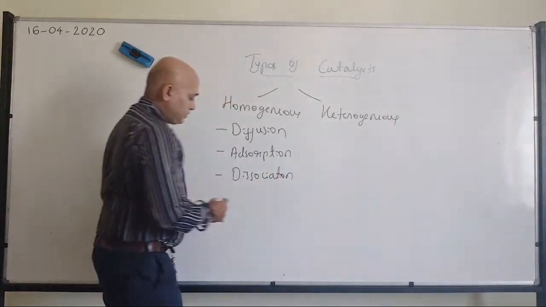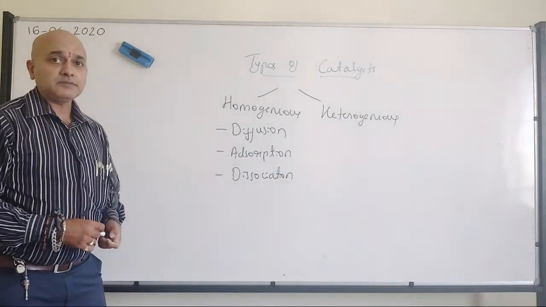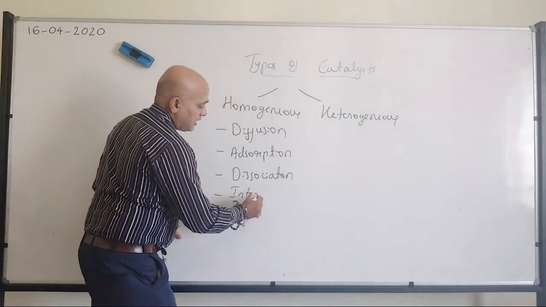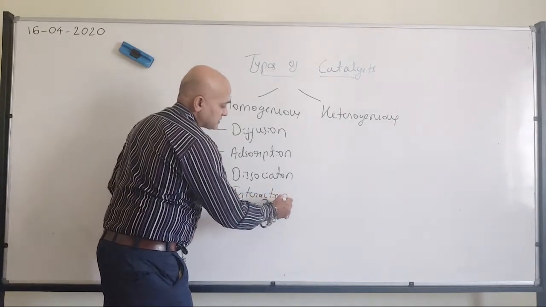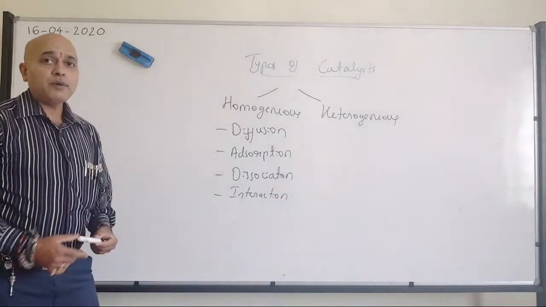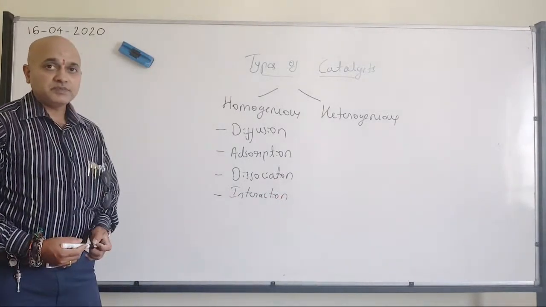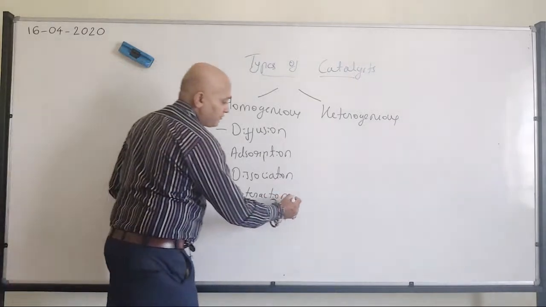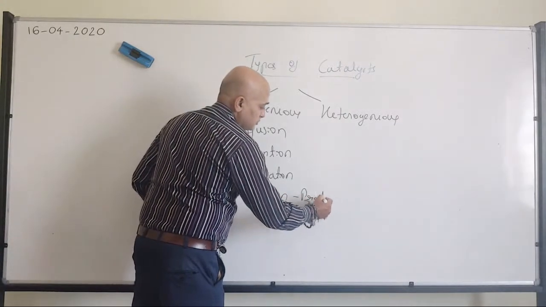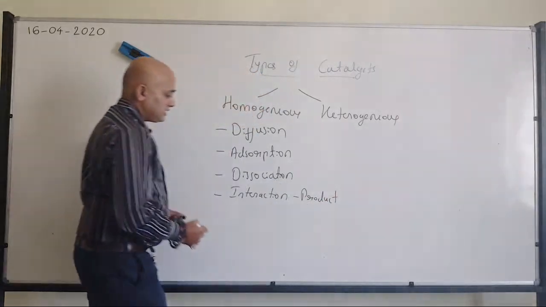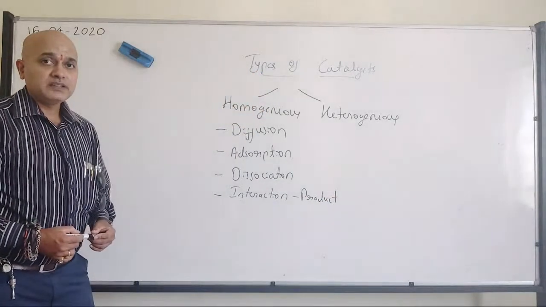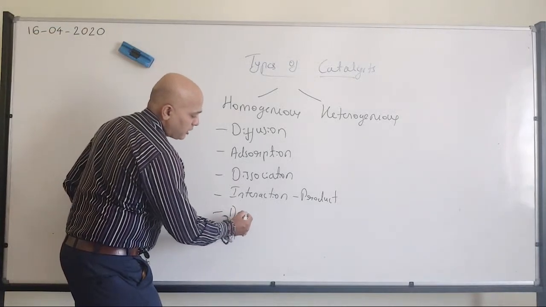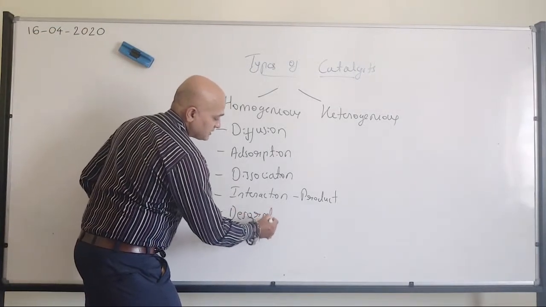They will be converted into individual atoms. Next is interaction among these atoms. Once the interaction happens, there will be formation of product. What is the next step? The product will undergo desorption.